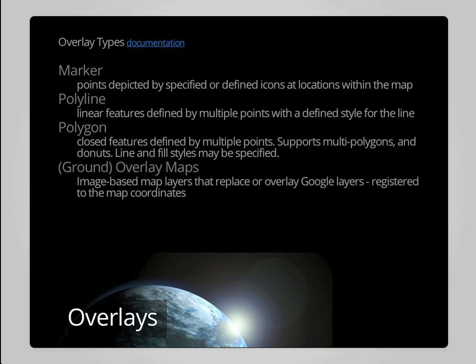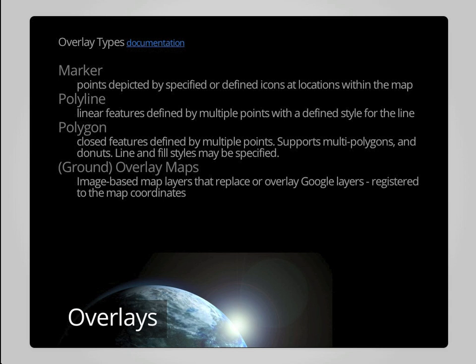So you can actually have several distinct areas, each represented by a single polygon, that are a part of a multi-polygon. And you can also define holes within polygons, or donuts, through the specification of the design of a particular polygon feature. And like polylines, you can also then define line styles and fill styles. So you can determine the color and opacity of the fill that would be used to depict a particular polygon.